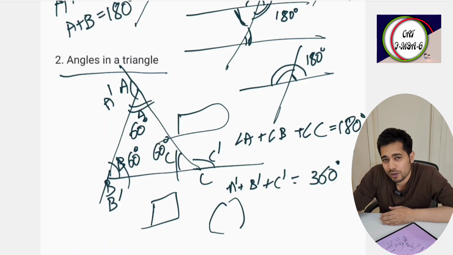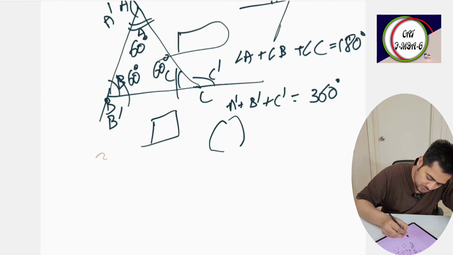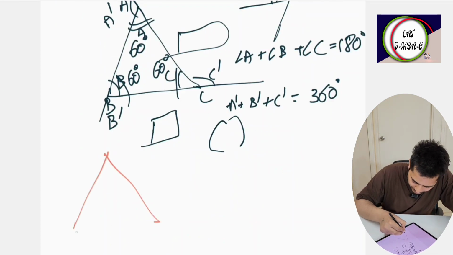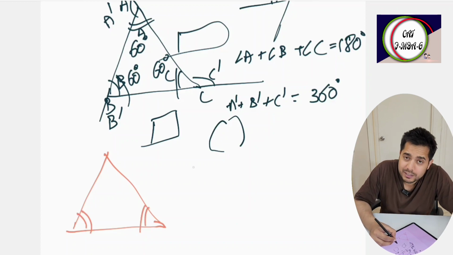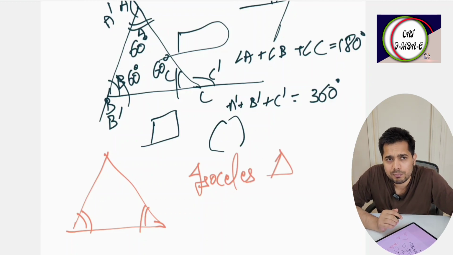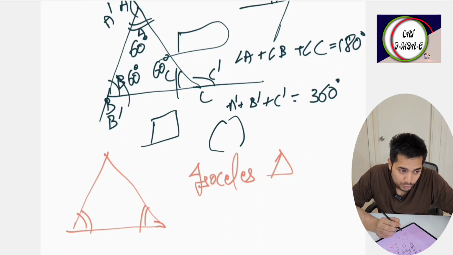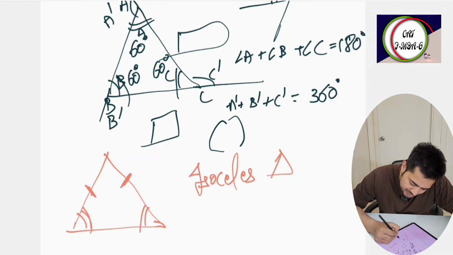Okay, so let's move ahead to clear more of your concepts. Also, consider a triangle like this. If two of its angles are equal, then it is known as an isosceles triangle. Another property of the isosceles triangle is what is being tested in the exam. If these two sides are equal, then these angles are going to be equal.